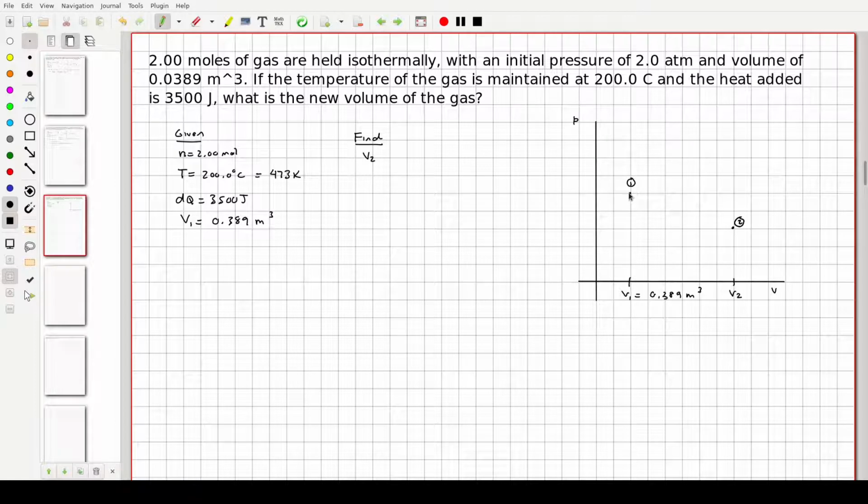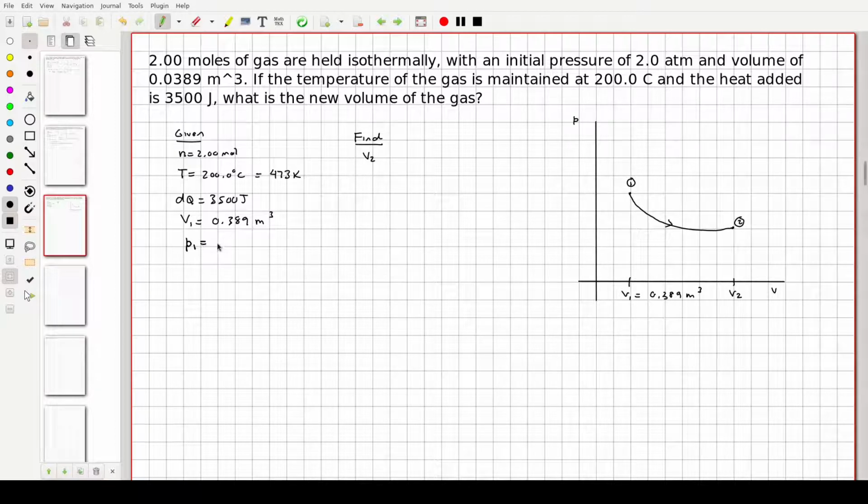Now, the path to get from here to here is generally not a straight line. Isothermal expansion has usually this sort of loop to it, and that's because there's an inverse relationship between pressure and volume. We also know our pressure.